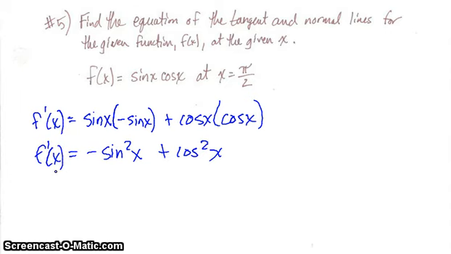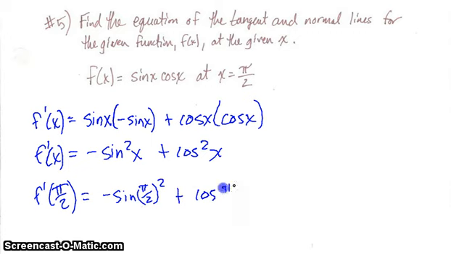Now this is not Pythagorean because it's not sine squared plus cosine squared, so let's just leave it and then let's find what my slope is at pi over 2. So I have negative sine of pi over 2 squared plus cosine of pi over 2 squared, and I get negative 1 plus 0, so it's equal to negative 1.